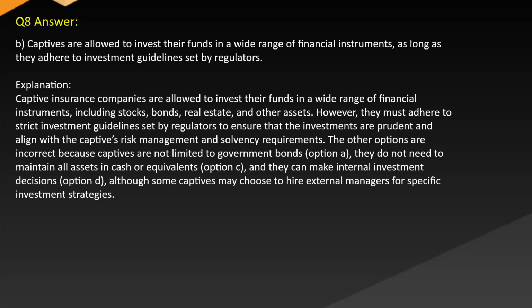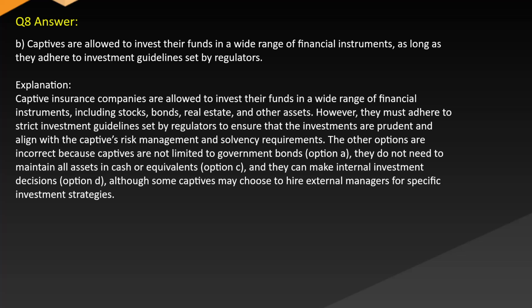Answer. B. Captives are allowed to invest their funds in a wide range of financial instruments as long as they adhere to investment guidelines set by regulators. Explanation. Captive insurance companies are allowed to invest their funds in a wide range of financial instruments, including stocks, bonds, real estate, and other assets.